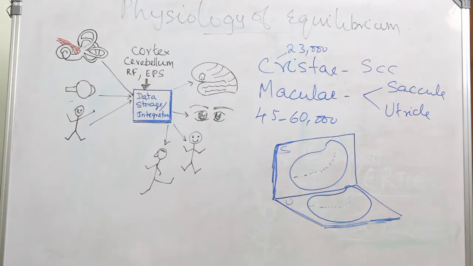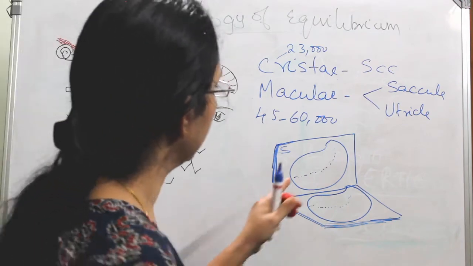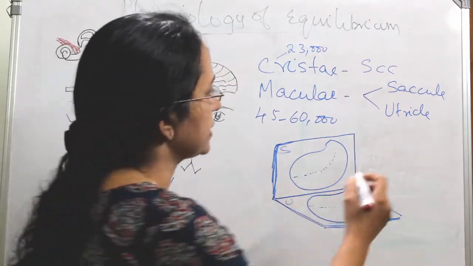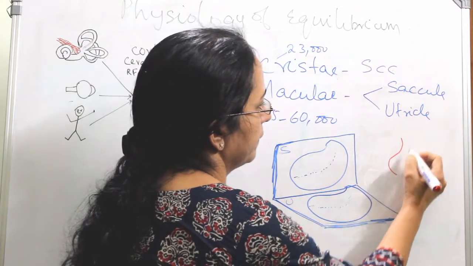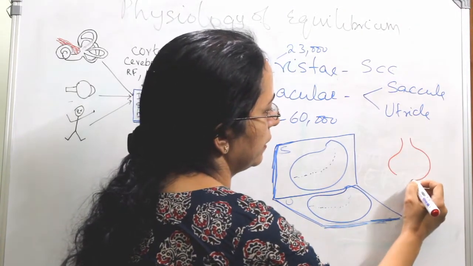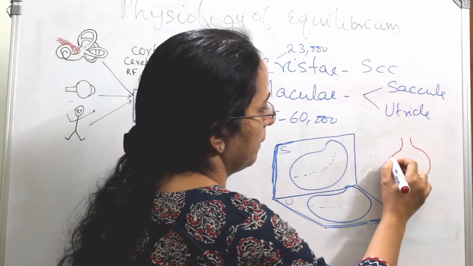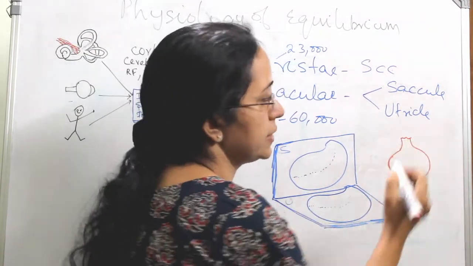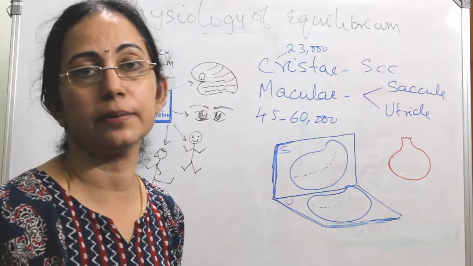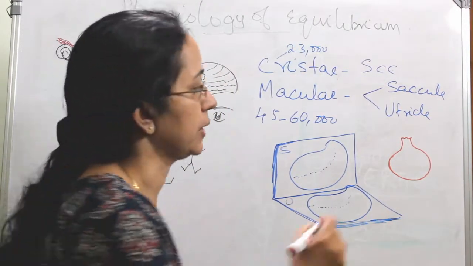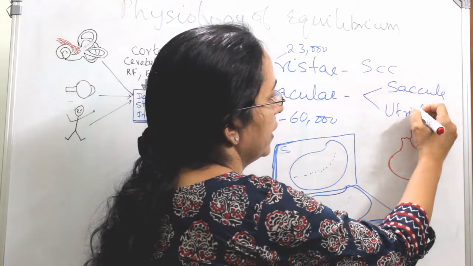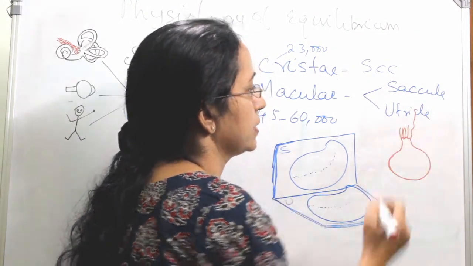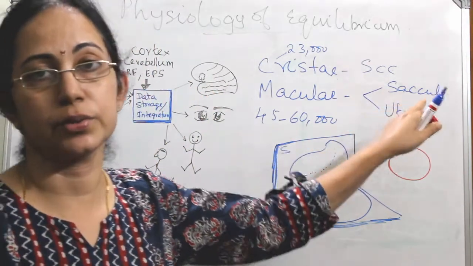And what is the arrangement of the hair cells? These hair cells are type 1 and type 2 hair cells, and in both of these there is one kinocilium and more of stereocilia.